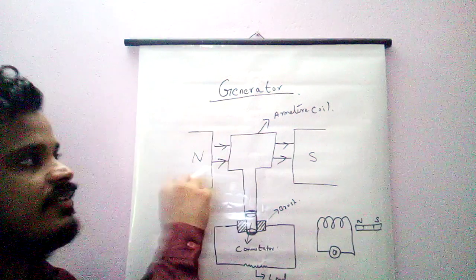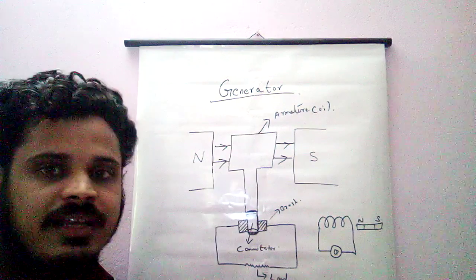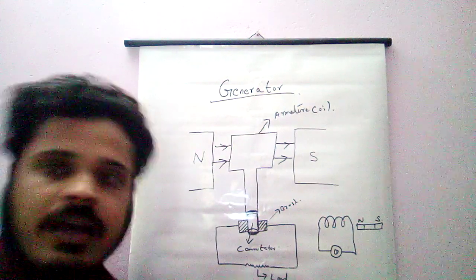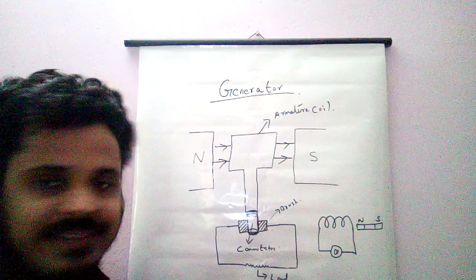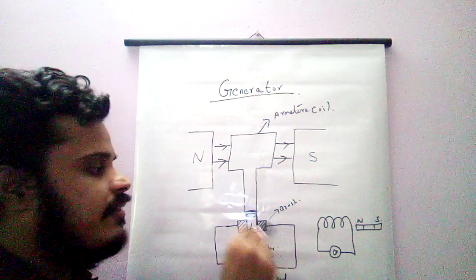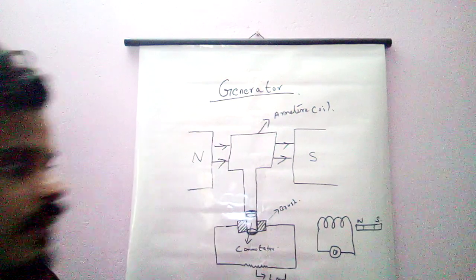This change in the magnetic field linked with the armature coil will create a potential difference, and this potential difference will develop a current. This current is basically AC, and we convert that AC to DC using a commutator. This DC is conducted using a brush to the load, and we get the output current.